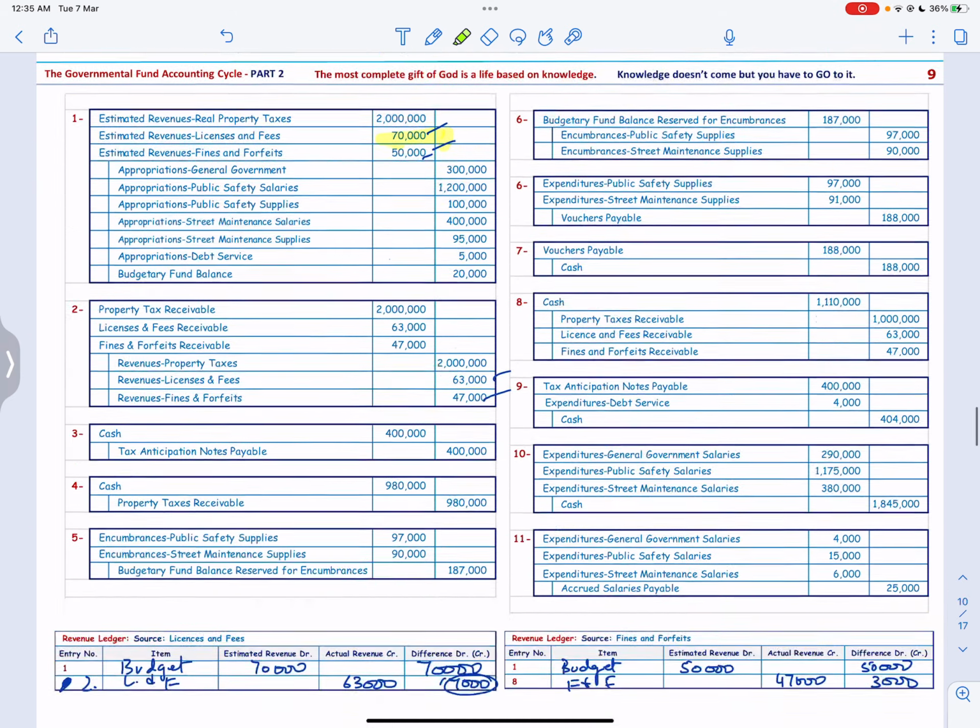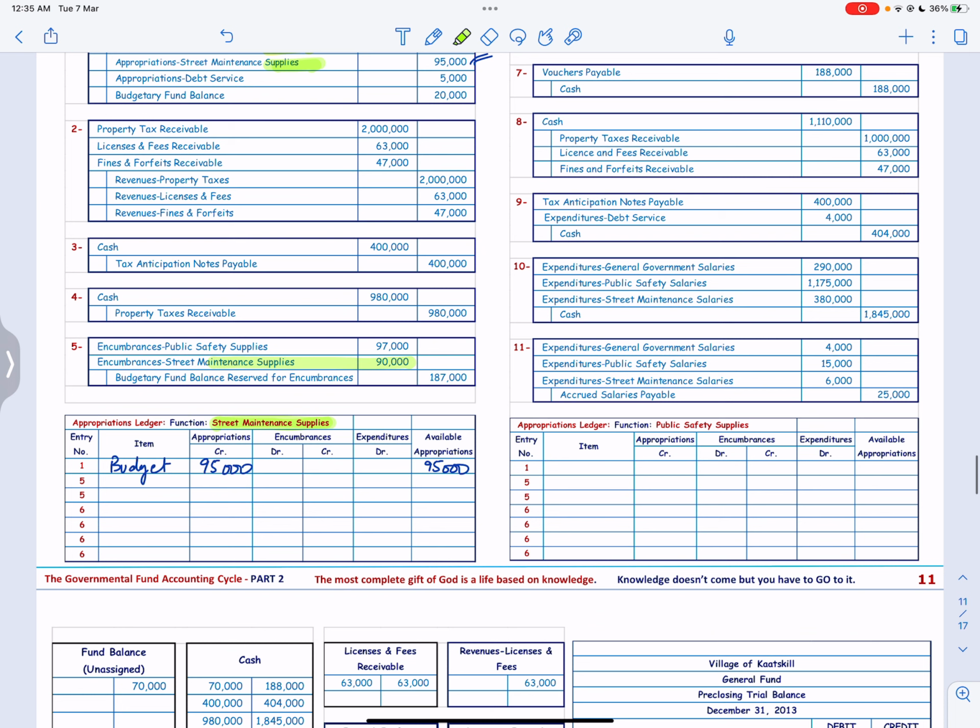So first of all, we placed purchase order number 3, and the encumbrance was debited for 70,000, so the balance is 25,000. Then we placed purchase order number 4, that was for 20,000, and the balance now is going to be 5,000.